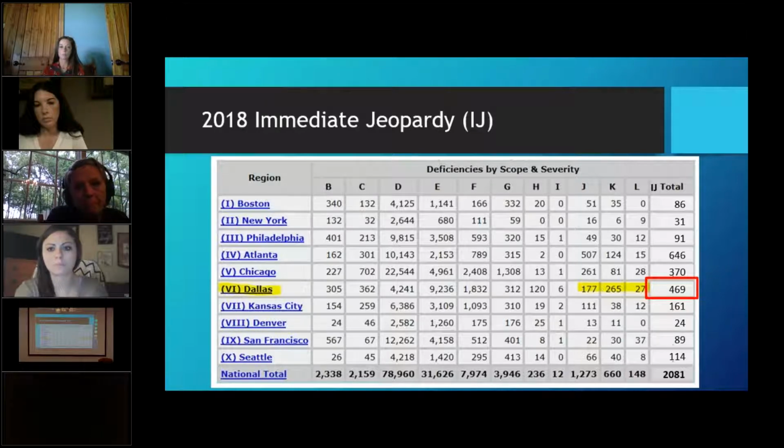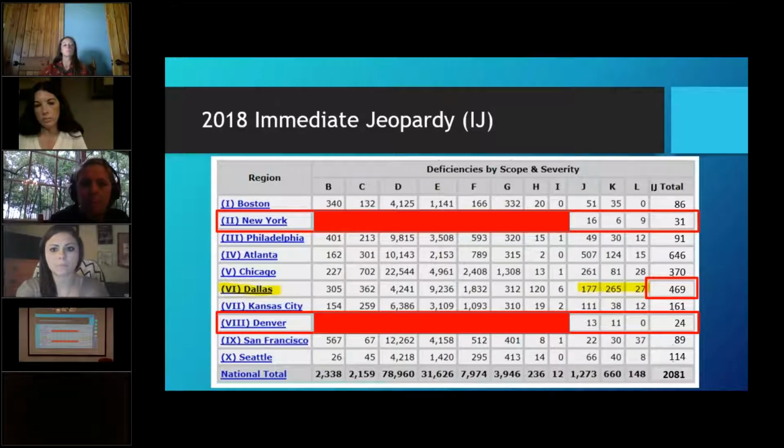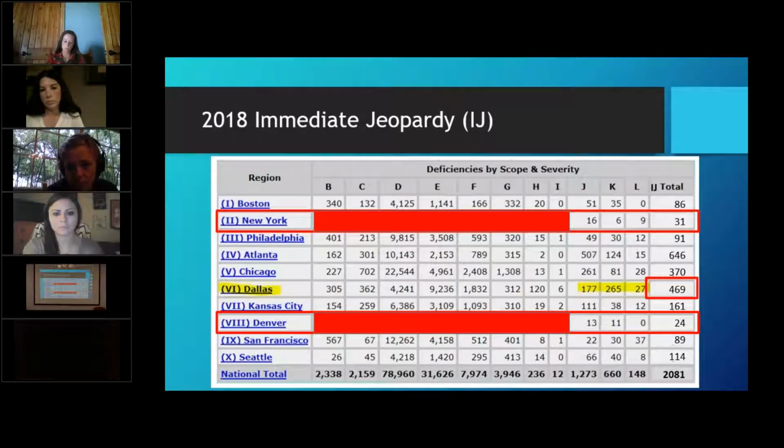But this is just national information. Compared to Atlanta, oh my gosh, yeah, they got a lot. We have a lot too.